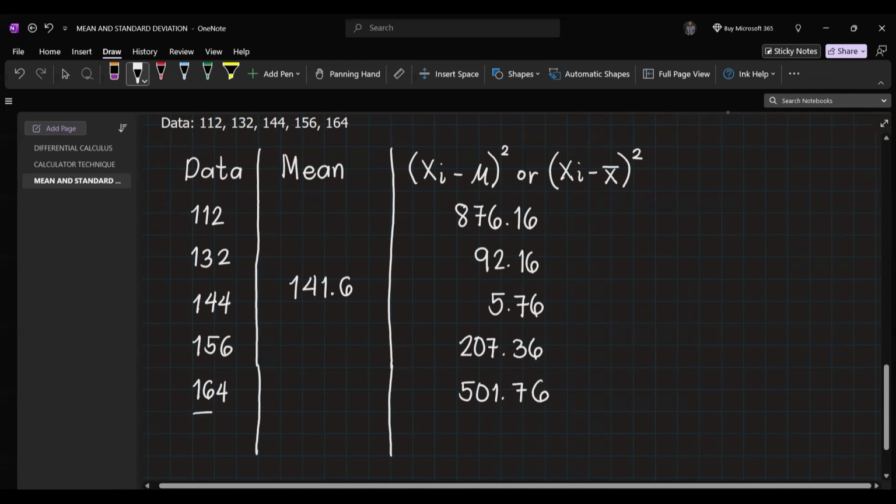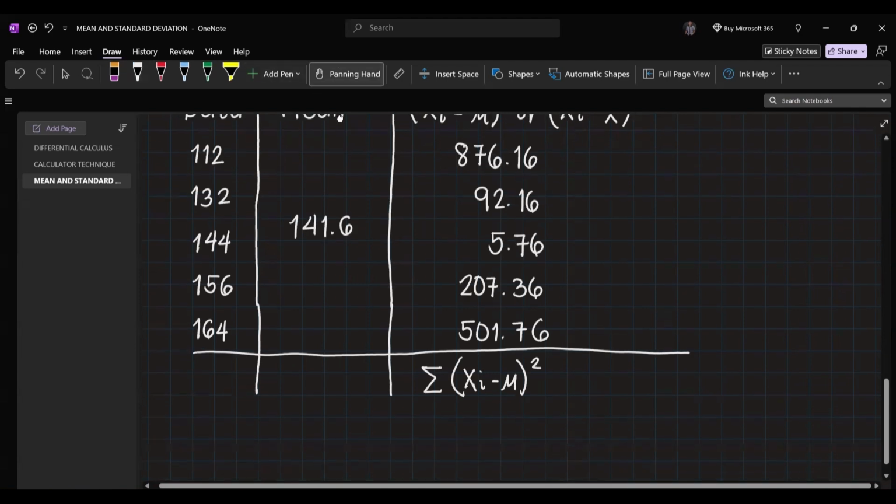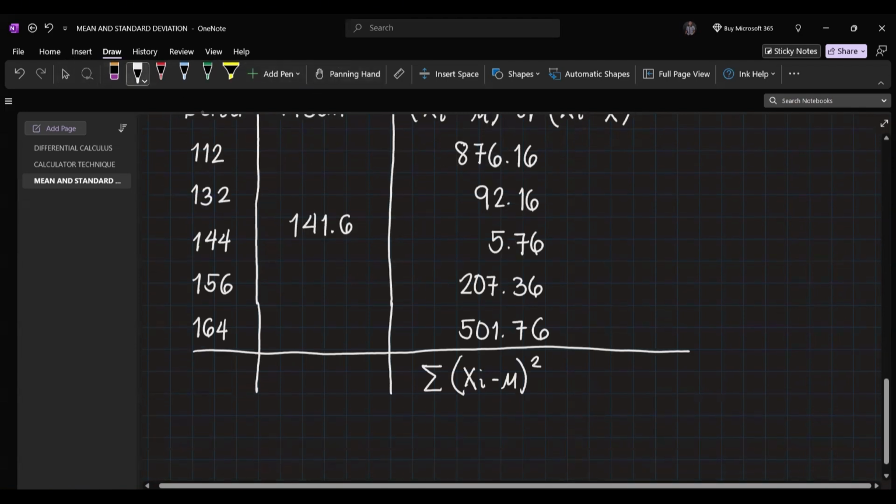And then, kukunin natin ngayon yung sum nitong table na to, itong buo na to, yung sum ngayon ni xi minus mu squared or yung sum ni xi minus x bar squared.